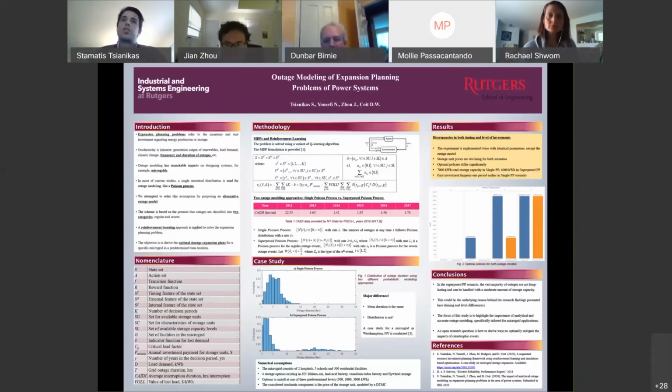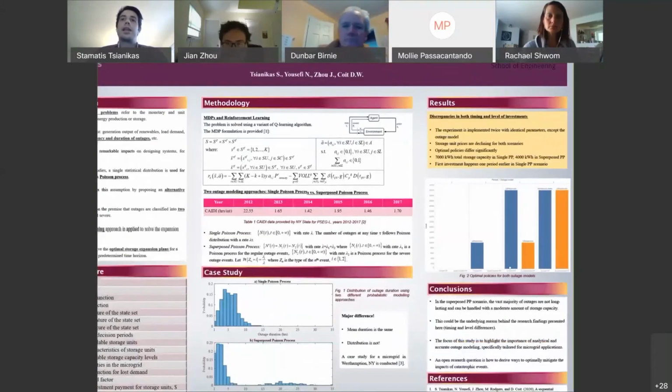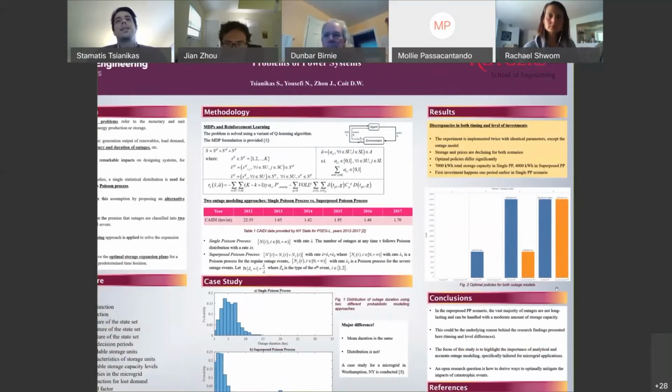In the results section, I want to show you the results of 2 identical experiments. The only parameter that we changed was the outage model that we used. I will not give you all the detailed numerical assumptions, because we try to be fair in our comparison and use only a different outage model.